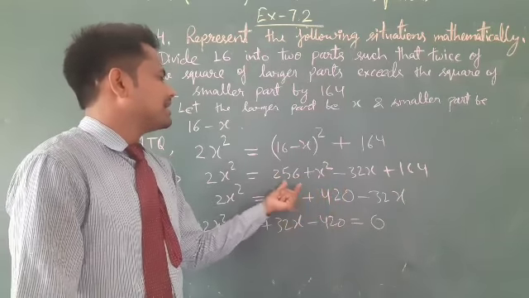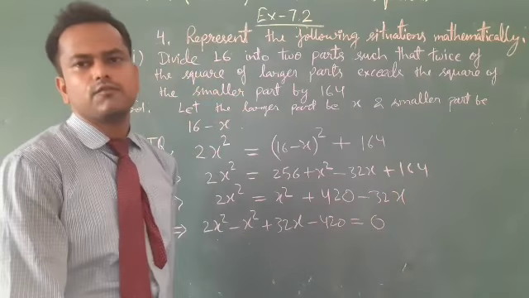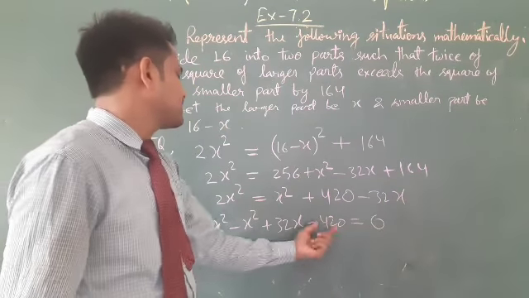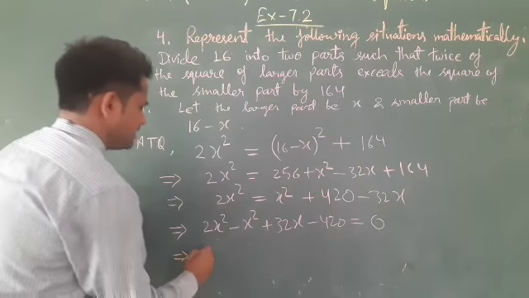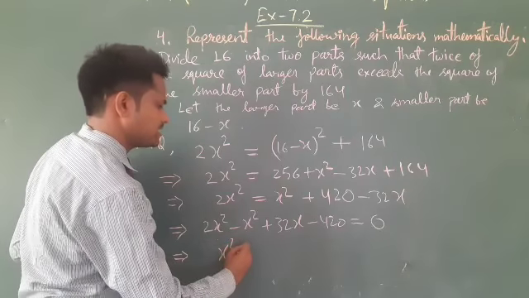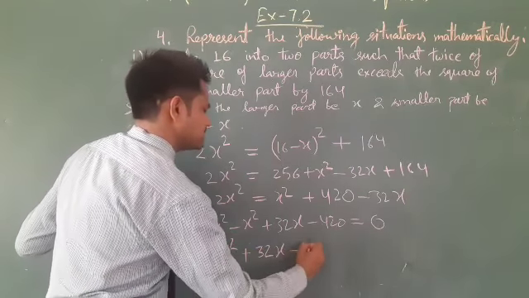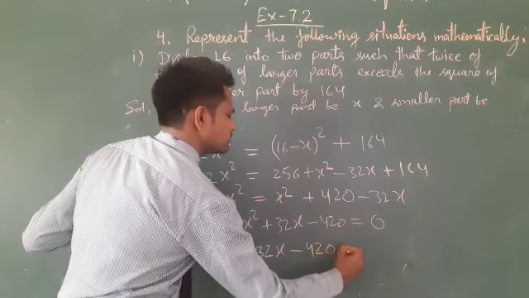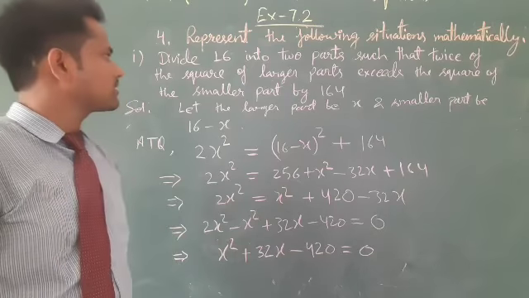We have to add the like terms, 256 and 164, and we will get 420. After transposing, we will get this equation, and 2x square minus x square will become x square plus 32x minus 420 is equal to 0. That will be your final answer.